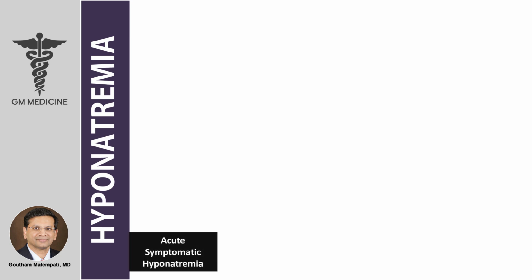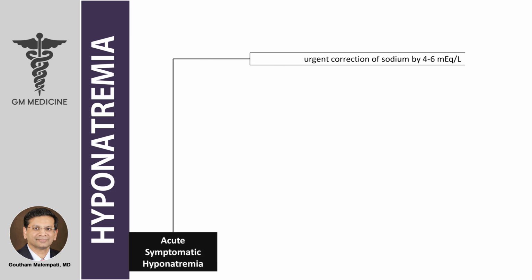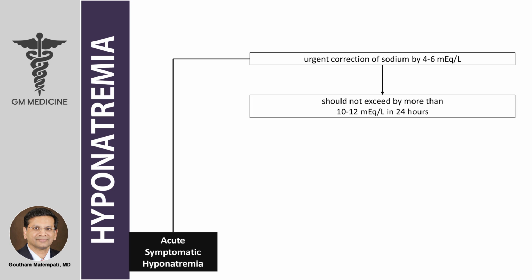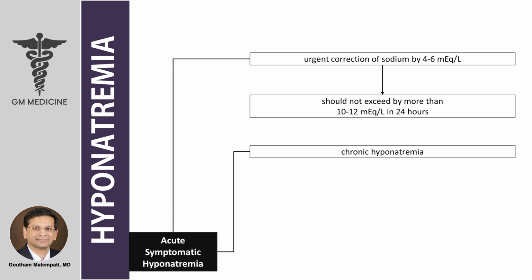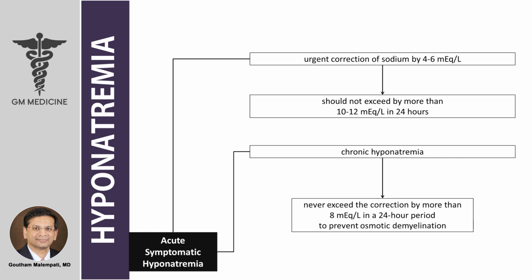Now, in acute symptomatic hyponatremia, there's an urgent correction of sodium by 4 to 6 millimoles per liter, but one should not exceed a correction of 10 to 12 millimoles per liter in a 24-hour period. In chronic hyponatremia, one should never exceed a correction of more than 8 millimoles per liter in a 24-hour period, to prevent osmotic demyelination.